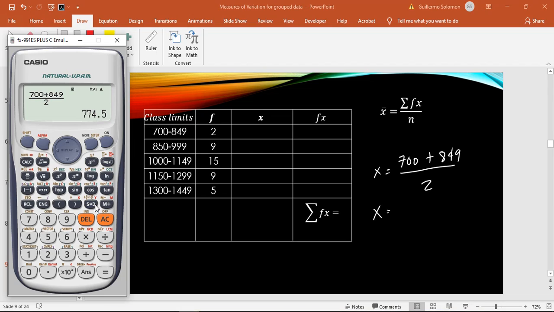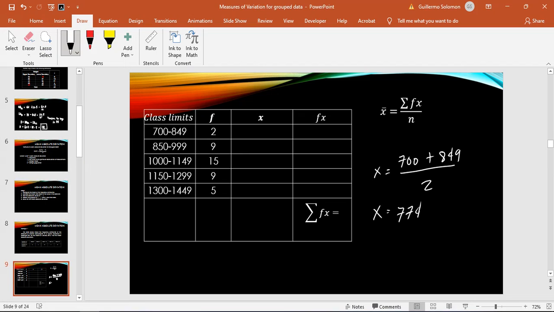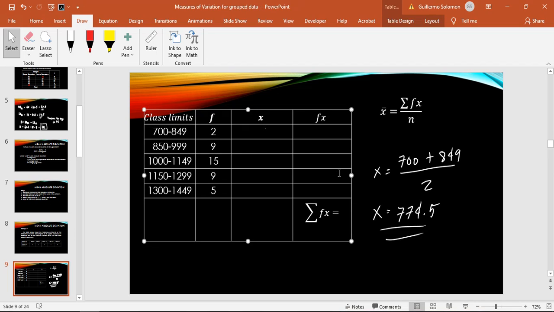That is 774.5. Okay? Ito yung class midpoint dito sa first row. So, lagay natin 774.5.